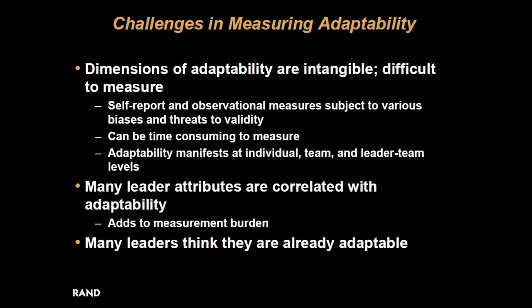So if you ask them how adaptable they are, they'll say they're very adaptable. So on a 5-point scale, they're near the top of the scale at the beginning of the course, which is how the Army was measuring this before we got involved. And then there's nowhere to go. At the end of the course, you can't show any change. So how do you measure adaptability in a way that has better discrimination in the indicators?